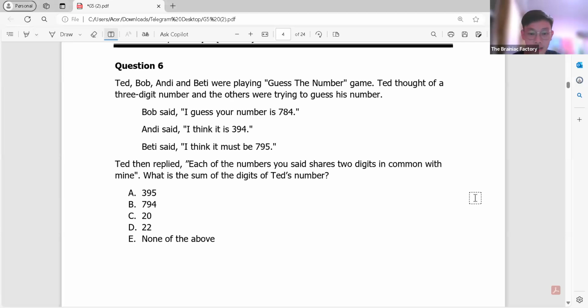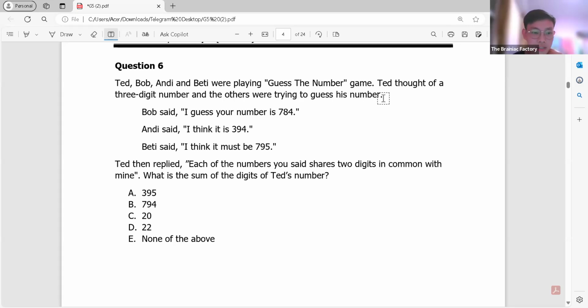Okay, it's okay then. I'll read it myself. So the question says, Ted, Bob, Andy, and Betty were playing the Guess the Number game.